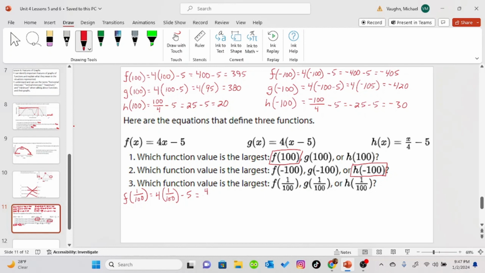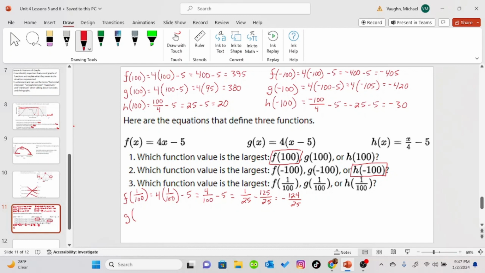That equals 4 over 100 minus 5, which equals 1/25 minus 125/25, which equals negative 124/25.